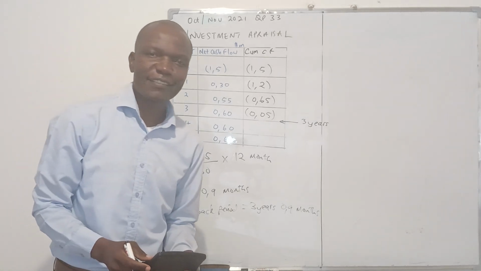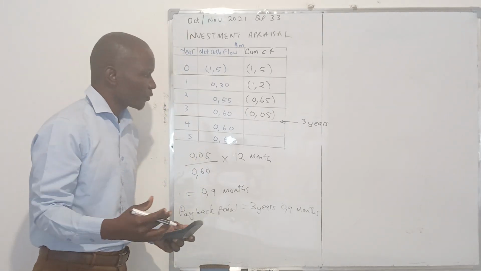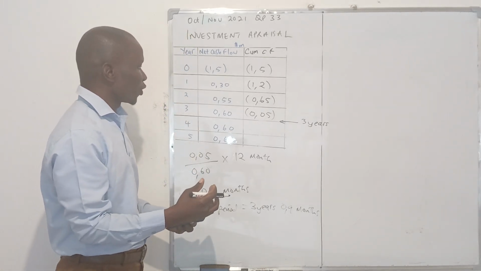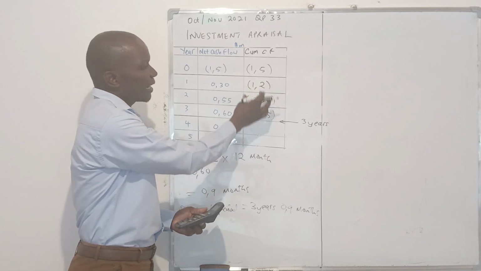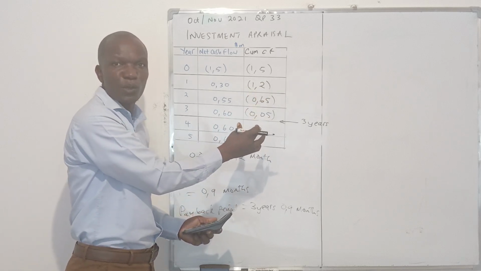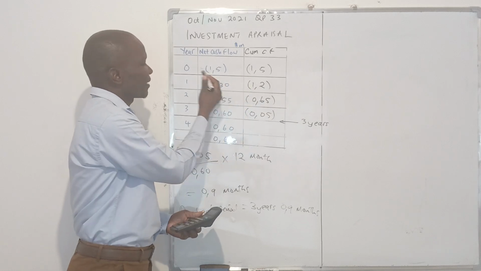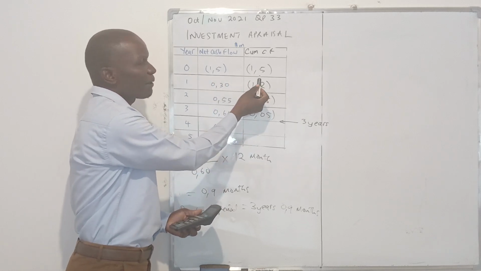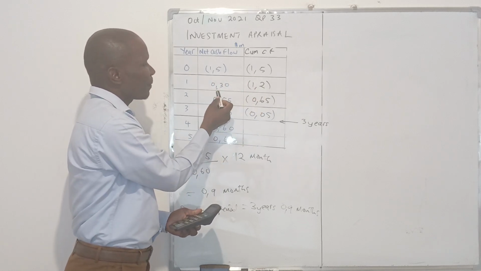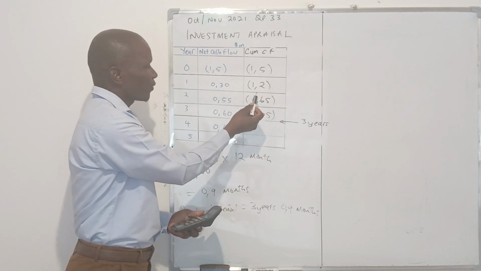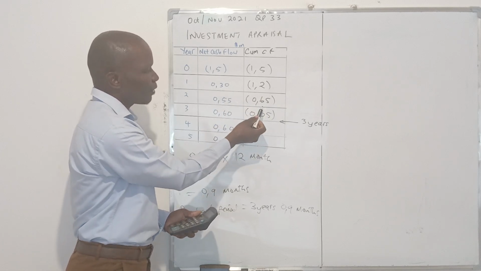As simple as that. What you simply do is you create another column, which is your cumulative cash flow column, and then you subtract. In year 0, we still have 1.5 left. Here we have 0.3 coming in, which means we're left with 1.2. We have 0.55, which means now we're left with 0.65.